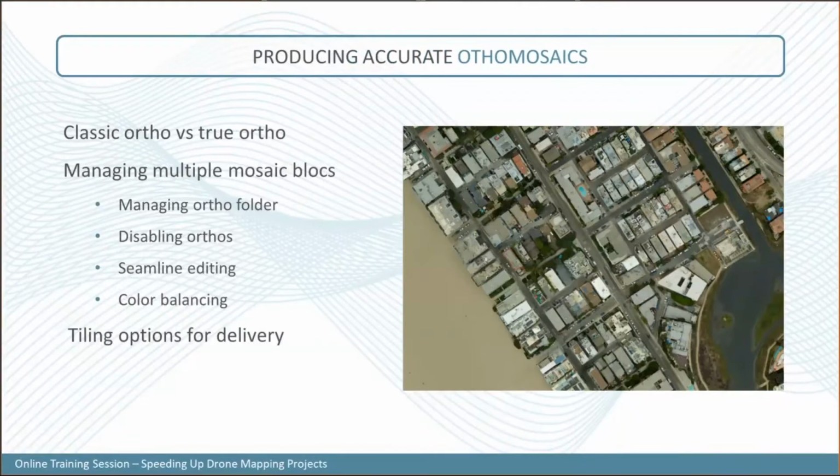If we produce an ortho from the terrain model, it's something we call a classic ortho. The image will be rectified from the terrain data, but you'll still see some leaning or parallax effects on buildings and all elements that are not terrain related.